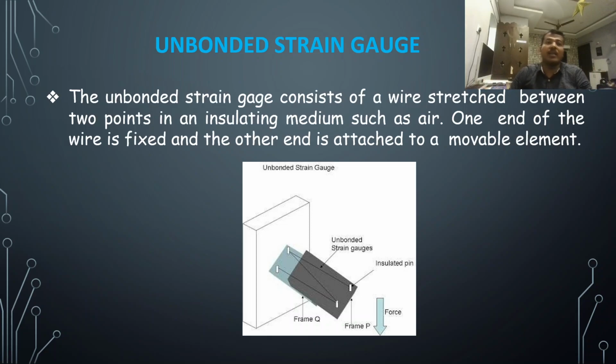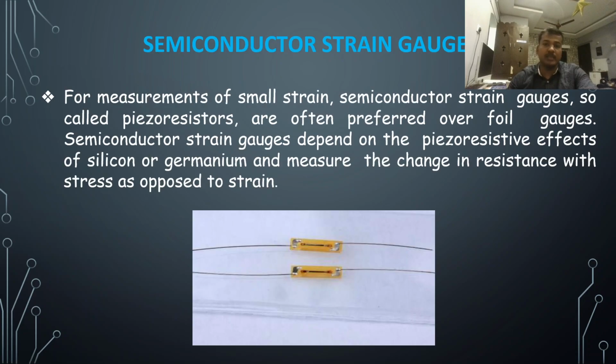One end of the wire is fixed and the other end is attached to a movable element. If we stretch it, the length or the displacement changes, and the corresponding electrical property also changes. This is called the unbonded strain gauge.